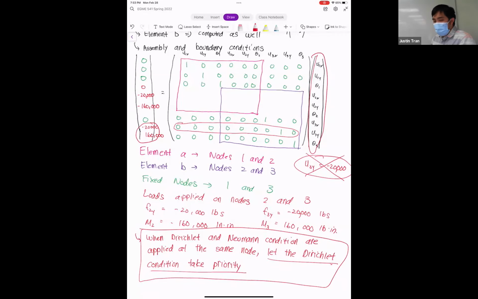What that means is that you just ignore that the loads are there to begin with. So instead of putting minus 20,000 and 160,000, you just have 0, 0 there, as if that load didn't exist. By doing that, you're still able to respect the fixed supports, which in most cases is going to be more important than the loads themselves.